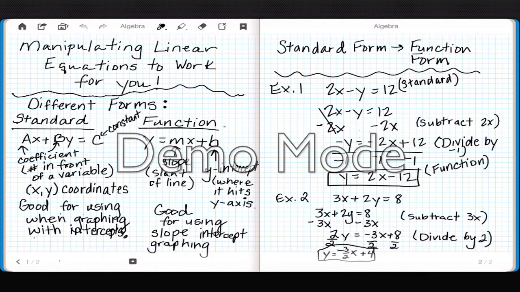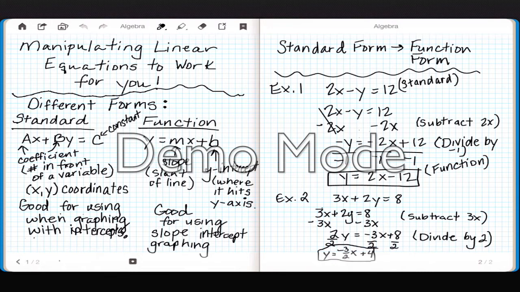Let's go over to the function form right here. So function form is when you have an equation and it starts with a positive y equals mx plus b. And what you're going to see is a typical equation would have y equals, let's say, 2x plus 4. So the numbers may change for the m and the b. So the m represents the slope, which is the slant of the line.